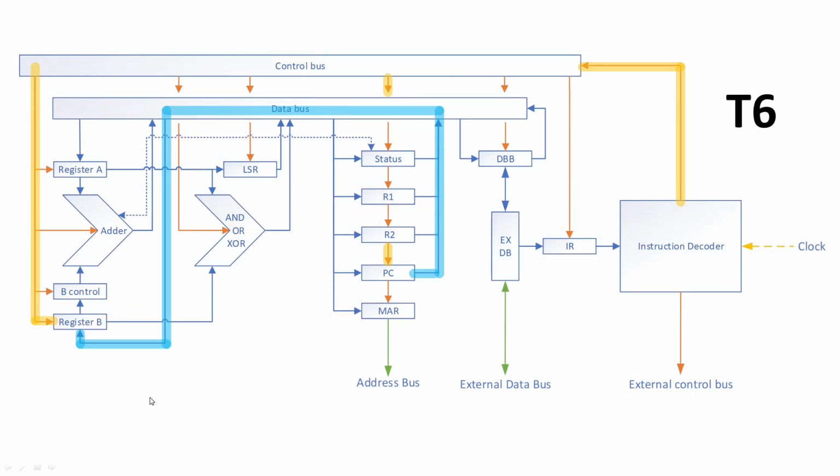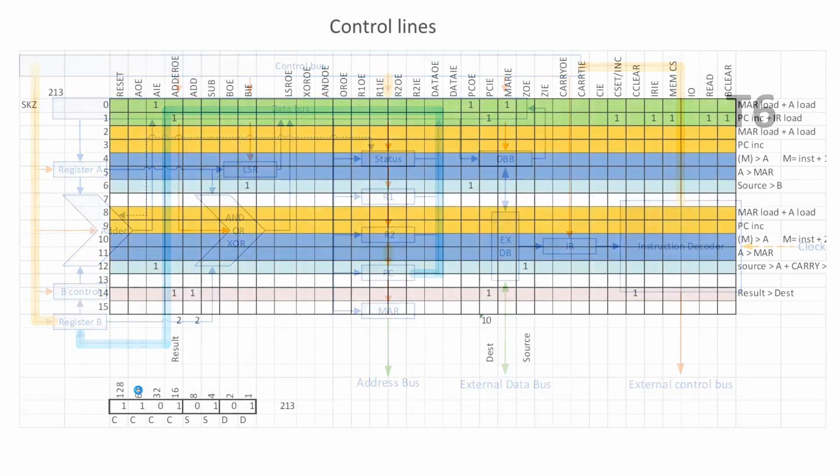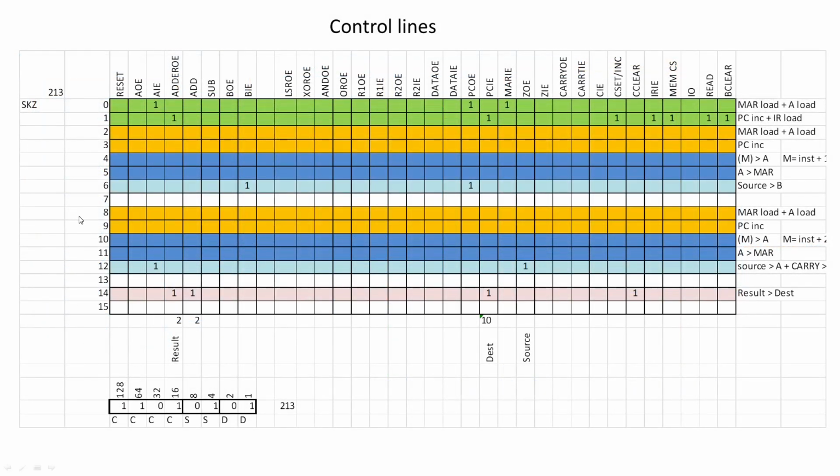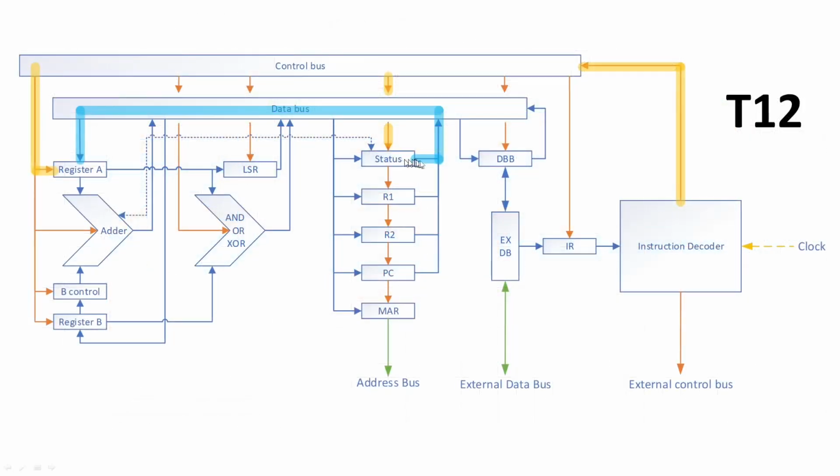I think on the previous video I might have said A register, but it doesn't matter which. And then nothing happens on 8, 9, 10, 11. And then we get to T12, we're going to load the A register, and this is going to come from the 0 flag. So 0 output enable is going to go into the A register. So 0 flag out into the A register.